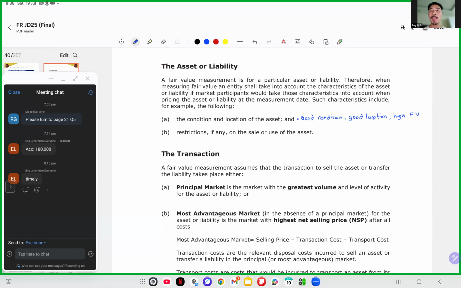And if there are many restrictions, if you buy this place, you cannot renovate. If you buy this place, you cannot make noise. If you buy this place, you cannot sublet. So the more the restrictions, the lower the fair value. You see? So this is what we call restrictions, conditions, location.